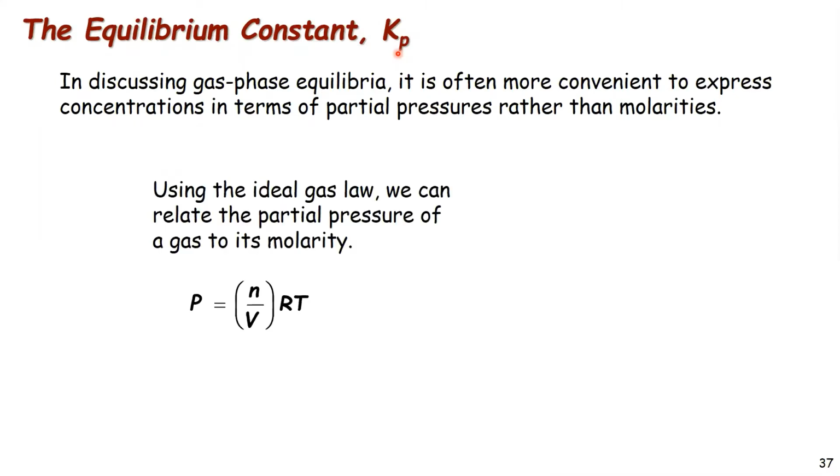We can relate the Kc value, the equilibrium constant in terms of molar concentrations, to Kp by using the ideal gas law. We know that molarity is just the number of moles divided by the volume, right? I'm going to say that molarity is capital M.